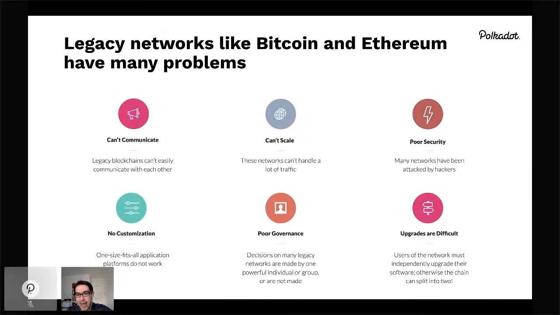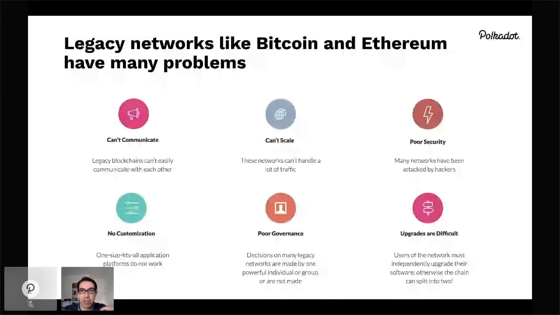So remember I said there were a lot of benefits to using blockchain. Remember, it's immutable. It allows people to trust each other even if they don't know each other. It is extremely hard to try to shut down. But it also has quite a few problems. And I want to go through each of these, but very briefly.